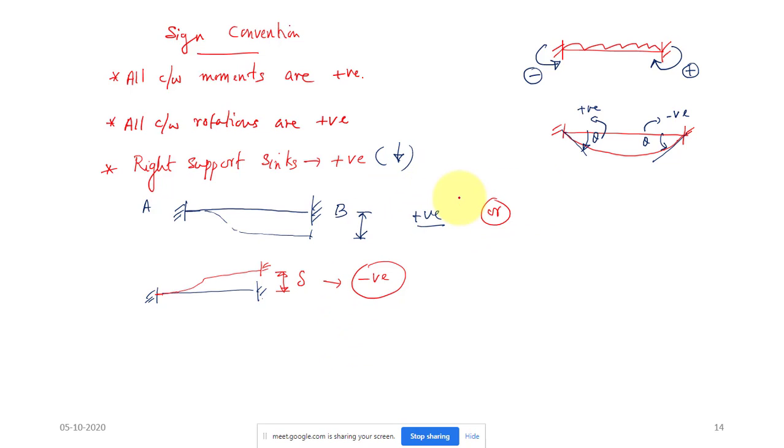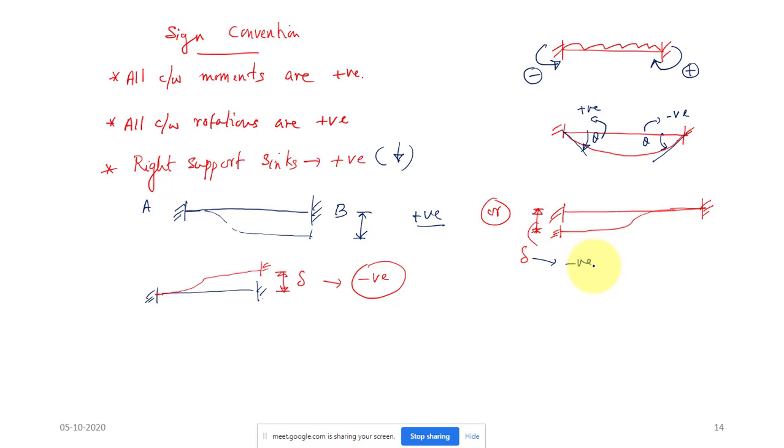We can also write it in this way, in terms of the left support. It is not compulsory or necessary that always the right support sinks; in a problem you can get it otherwise. Suppose the left support is sinking downward, then what should this delta be? This should be negative, right?